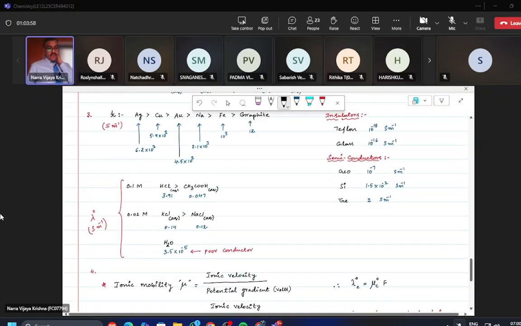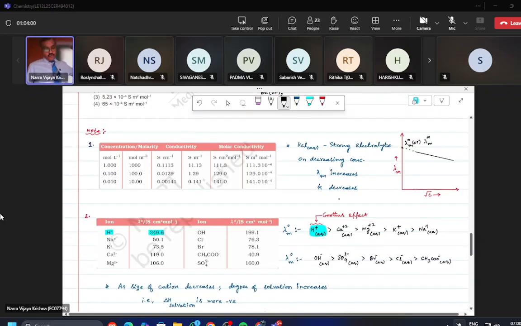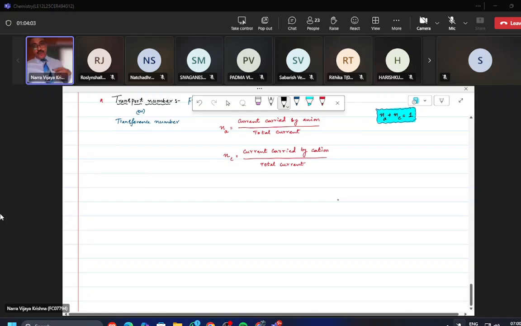Now, point number 5. Degree of dissociation or degree of ionization, alpha, can be written as conductance shown upon conductance at infinite dilution.